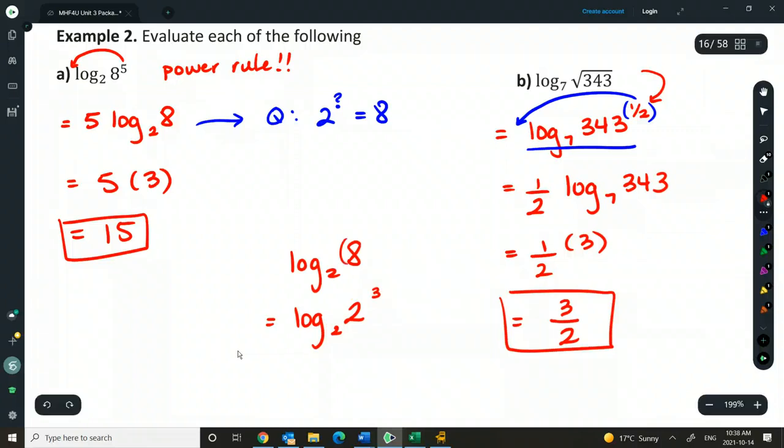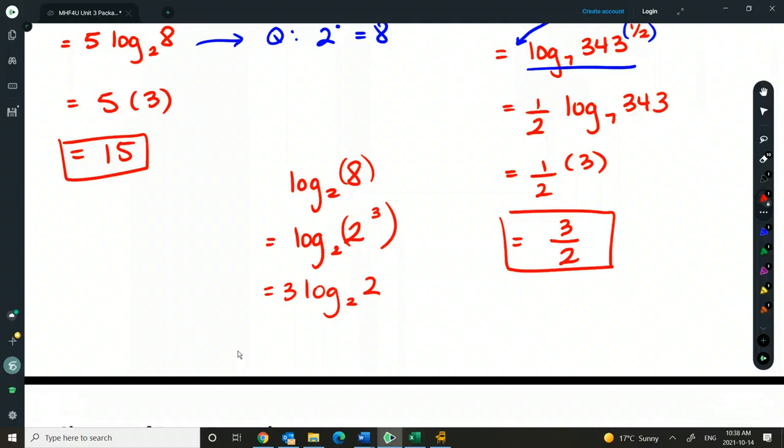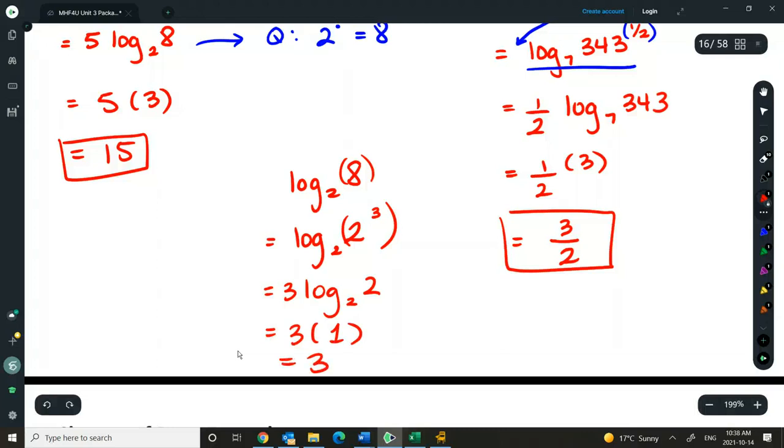If we replace 8 with that, then the answer will just be the exponent, because if I take the 3 down using power rule, and I have log base 2 of 2, so as long as these are the same, the answer is just the exponent, because 2 raised to what exponent gives us itself? 1, right? 2 to the 1 gives us back 2. So this whole thing just becomes 1, and that's why the answer is just the exponent. I think that's what you're asking me about, right?